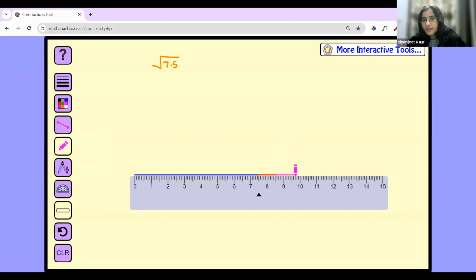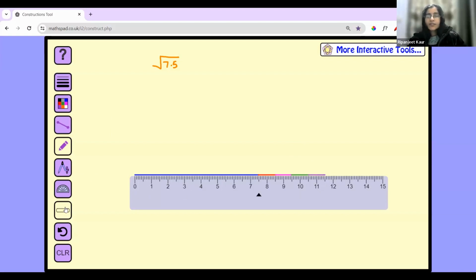Up till here, 9.5. One more unit, let us say this is 10.5. See, we are increasing by a unit each time. I'll tell you why we are doing it. Here I have done up till 11.5.